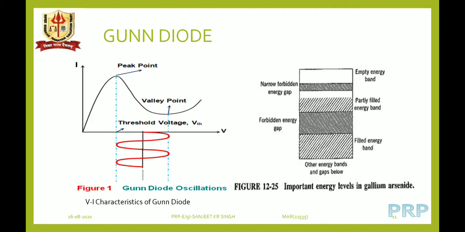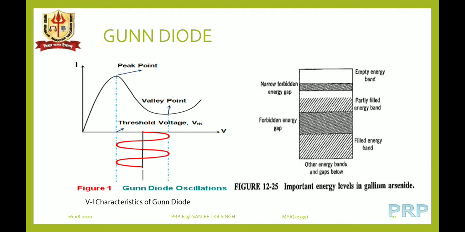So here we see the IV characteristics or VI characteristics of the Gunn diode. As the DC voltage is increased from 0, it behaves normally like a conventional diode, where as voltage is increased, current increases. But after reaching the peak point, even a slight increase in DC voltage will cause the current to drop down.